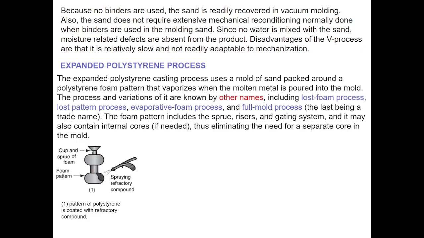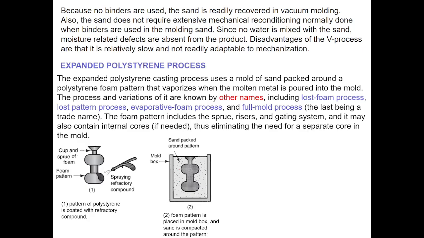To make the pattern strong against the effect of energetic molten metal, we spray a refractory material onto the surface of the pattern, and then place the pattern into a box, and around the pattern we have sand particles packed around it.